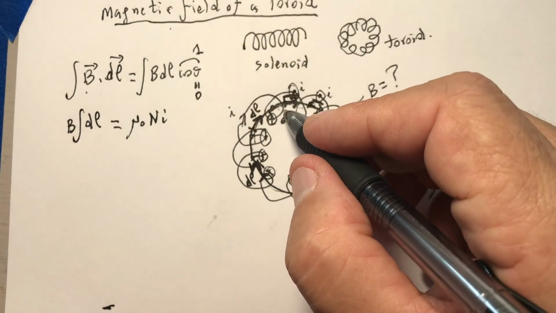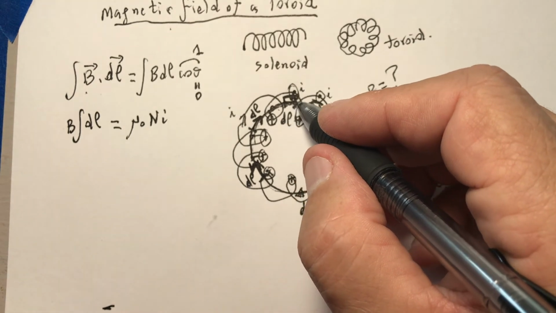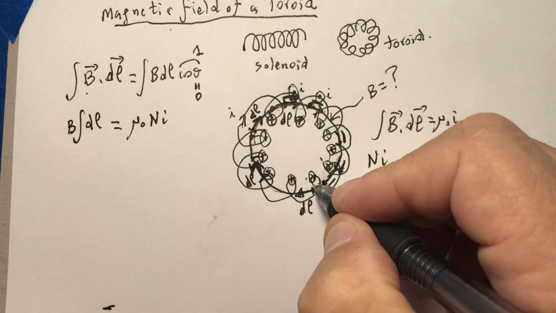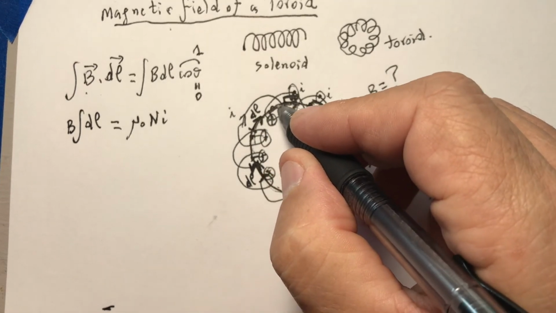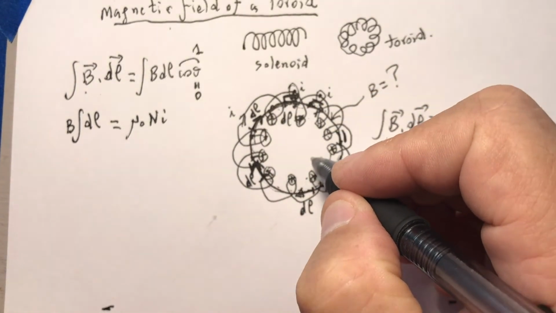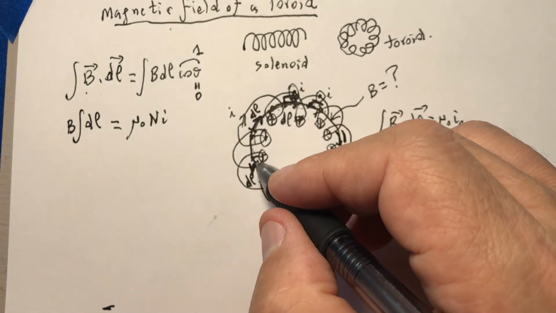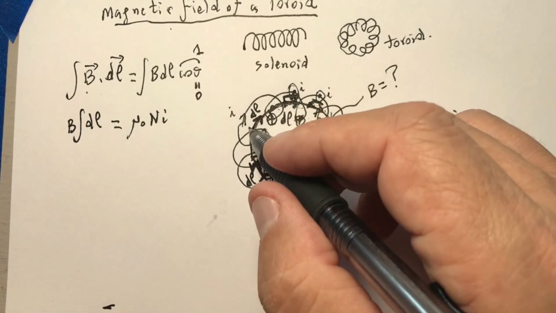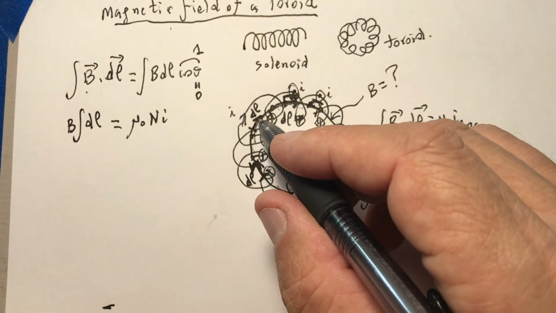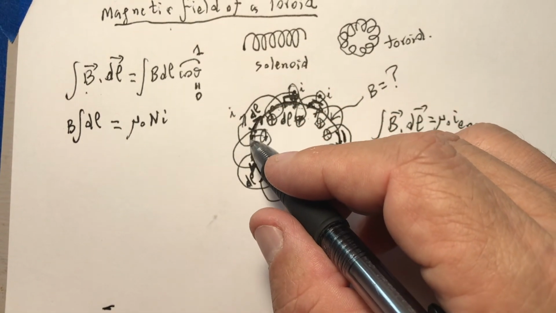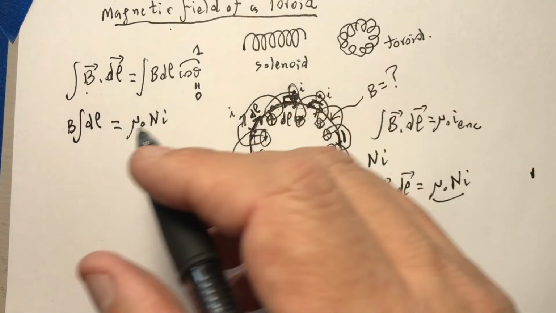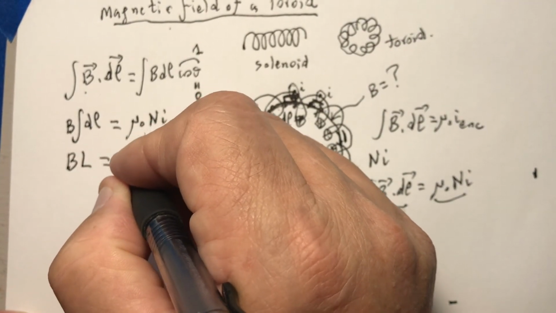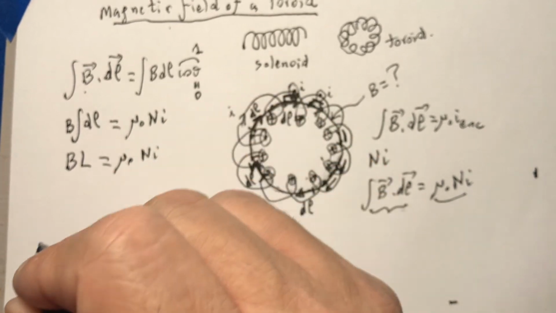Now I have to integrate this dl. These dl are small sections of this circumference, and I keep adding them up as I integrate. So when I go around one cycle, I'm going to have the circumference. So when you integrate dl, you just get the length of this circumference. So I just put B L equals mu0 Ni.